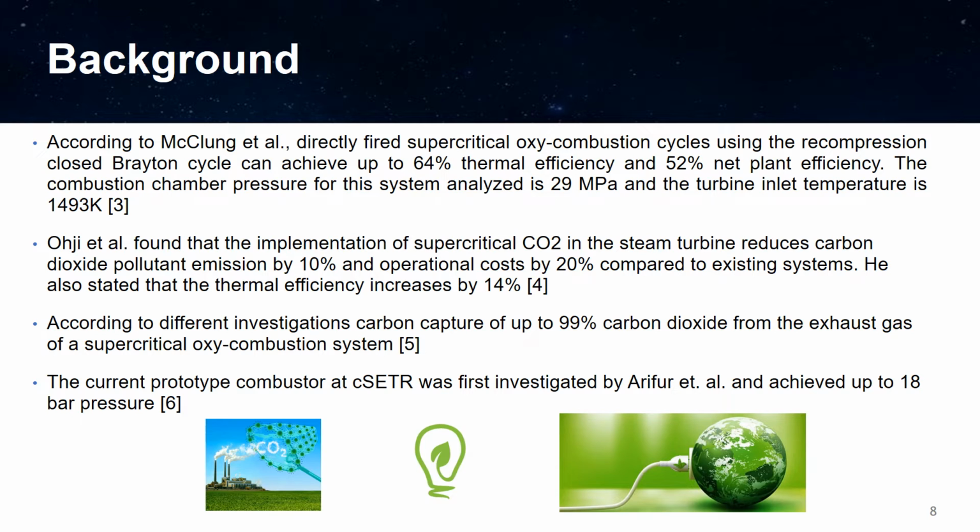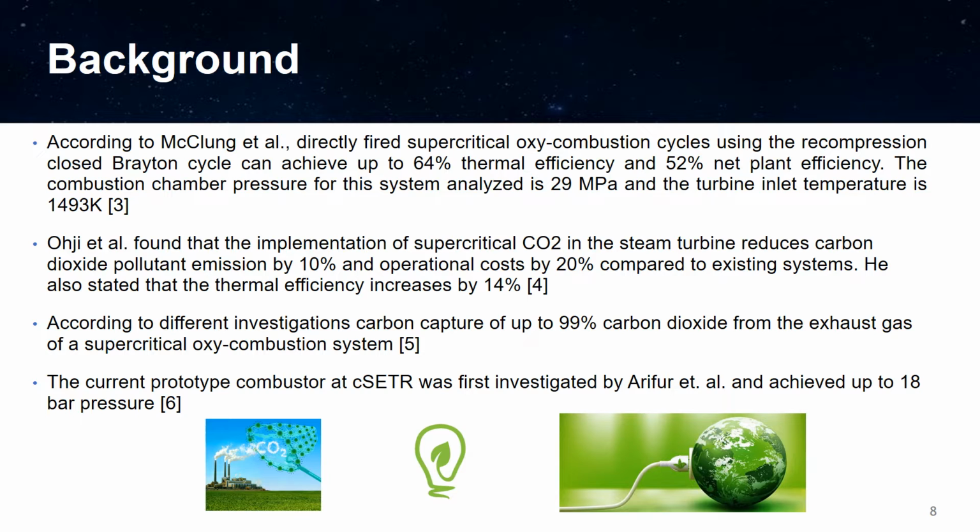There have been different researchers who worked on this field. McClung et al. was one of the very first persons who worked on this very broadly, and he used a supercritical combustion cycle with a Brayton cycle.